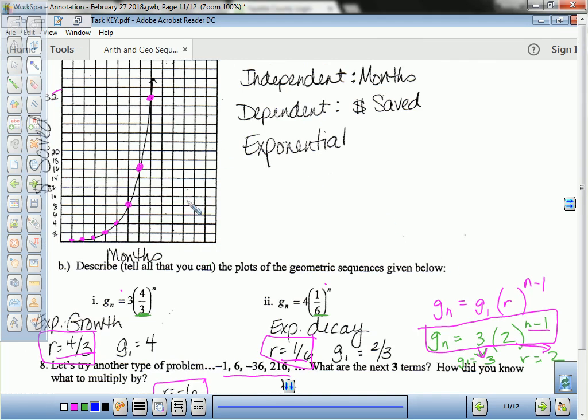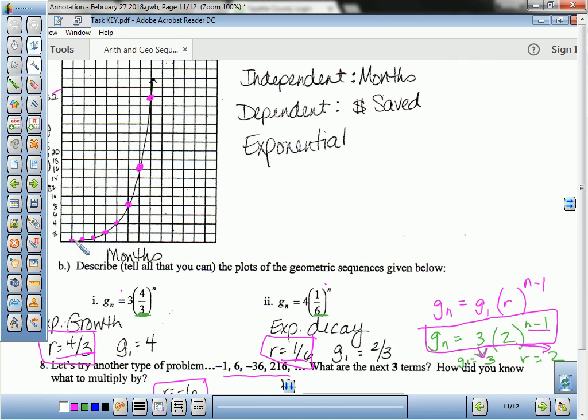Okay. Now, this is bad. This graph has the dots connected. Should they be connected? No. See if I can wipe that out. Go away, line. It should just be those beautiful pink dots.